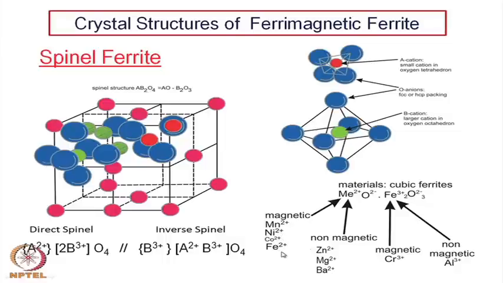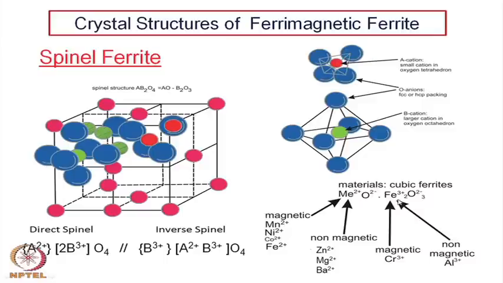The other site is Fe3+, but the A site can also have Fe2+, as for example in Fe3O4. So, Fe3O4 is basically a combination of FeO and Fe2O3. So, that way the A site can have Fe2+ as well. So, these are substitutions by magnetic cations, and these are substitutions by non-magnetic cations.